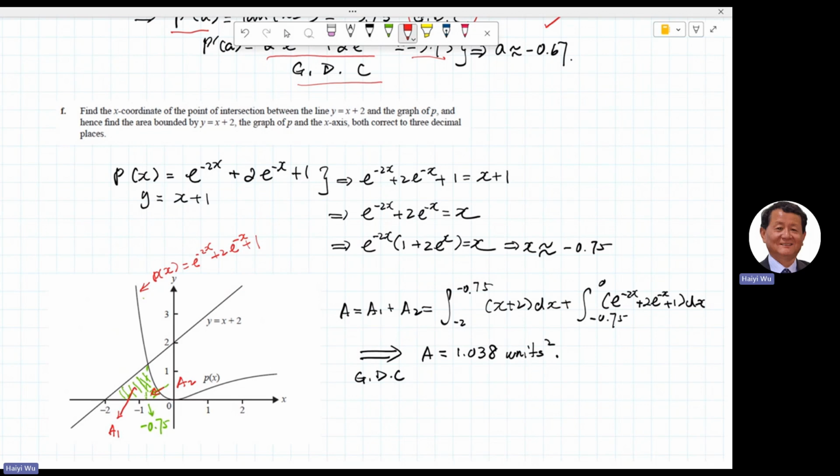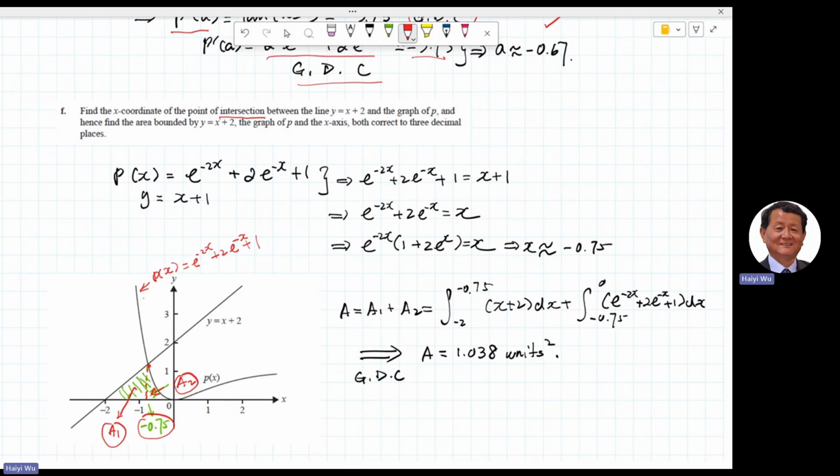I shade it in green. I'm going to divide it into two areas: the one on the left is area 1, and the one on the right is area 2. However, we need to decide the intersection point for the x, so we need to find the intersection.